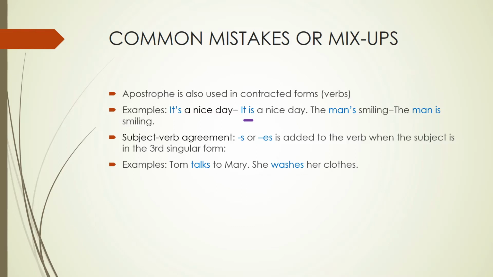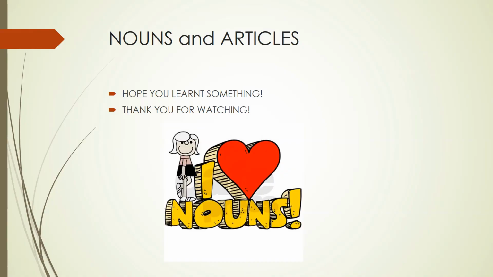Tom is in the third person singular form of the subject. Then you need to put an s on the verb. She washes her clothes. Here the verb ends with an sh sound, then you need to put an e on it to make it correct.